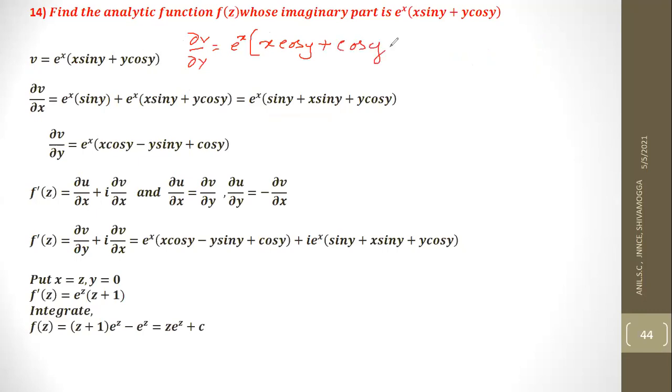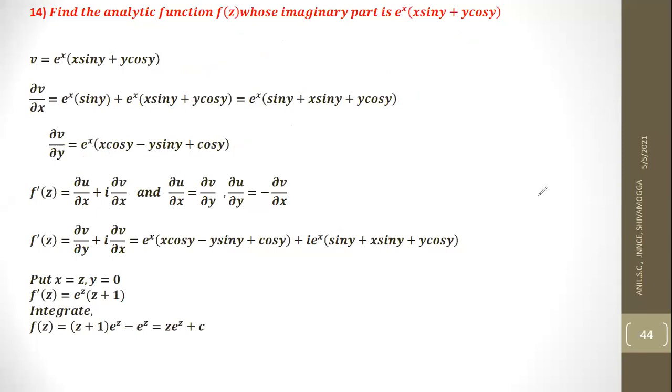Cos y into derivative of y is 1, plus y into derivative of cos y is minus sin y. This is a product. That's what I have written: e power x into x cos y minus y sin y plus cos y. These are the two required partial derivatives corresponding to v. This is the first working group.